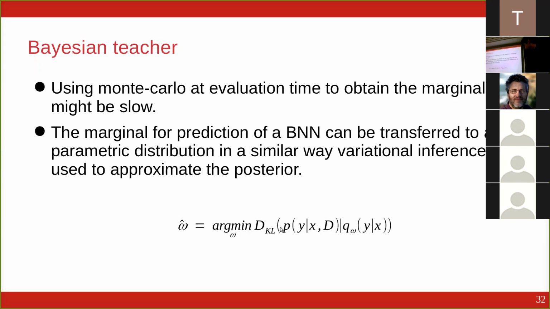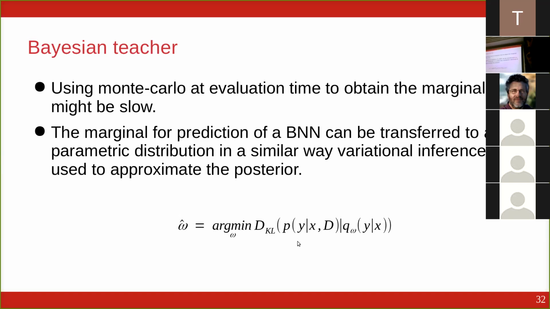And how do you match them? Well, like for variational inference, you want to reduce the distance between the two distributions, and you can do that with the Kullback-Leibler divergence. And you then get a point estimate network that gives you a certain prediction calibrated by the Bayesian neural network.